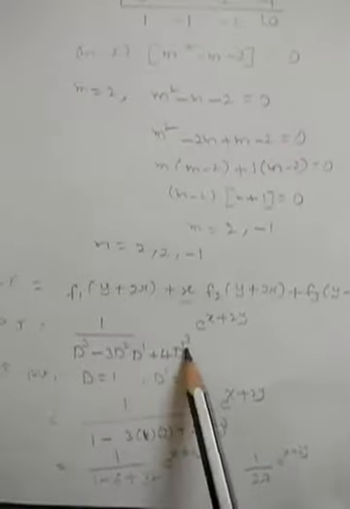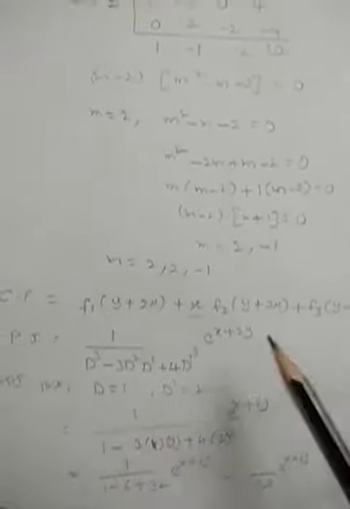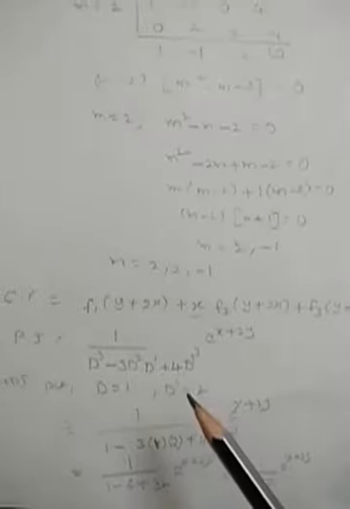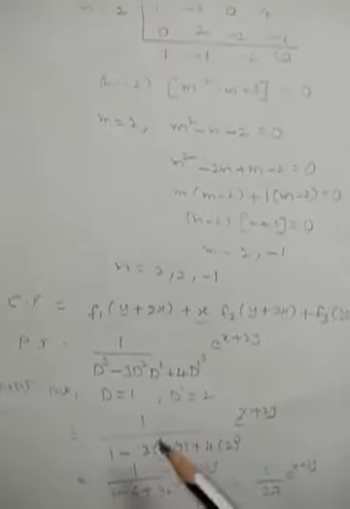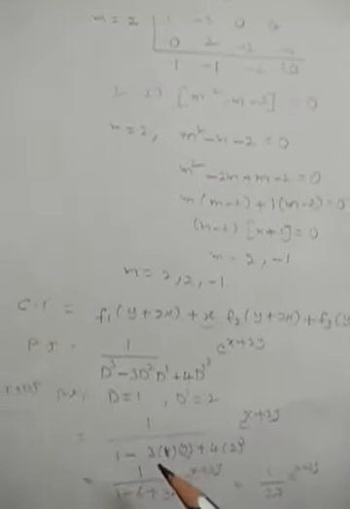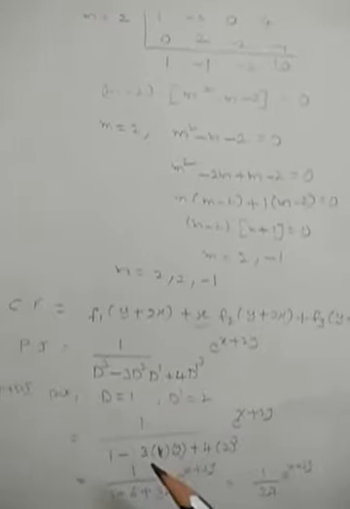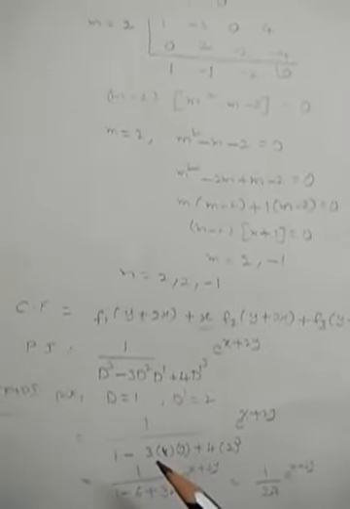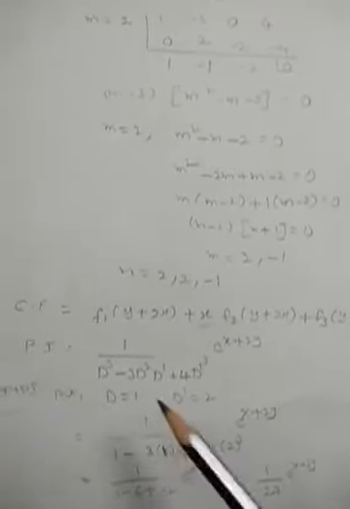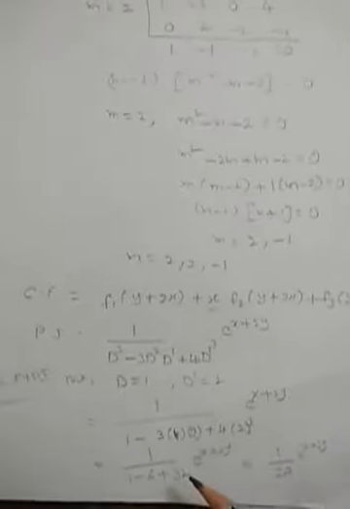Suppose the denominator value is 0, just differentiate the denominator function and put x in the numerator. Again, if it is 0 while substituting a equal to 1 and b equal to 2, then put x squared in the numerator and differentiate the denominator function. We continue this process until the denominator value is not equal to 0 while substituting D equal to 1 and D dash equal to 2. Thus the particular integral can be obtained easily.